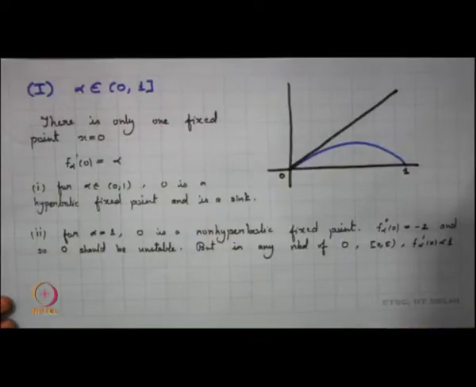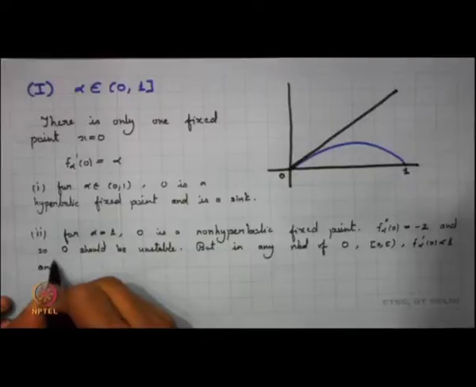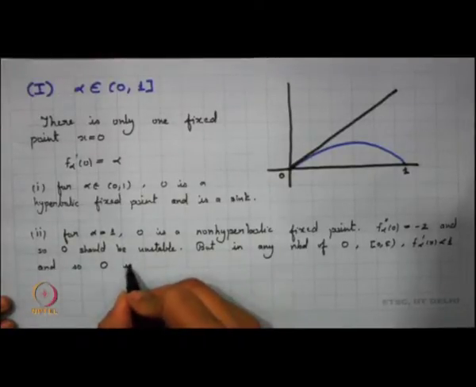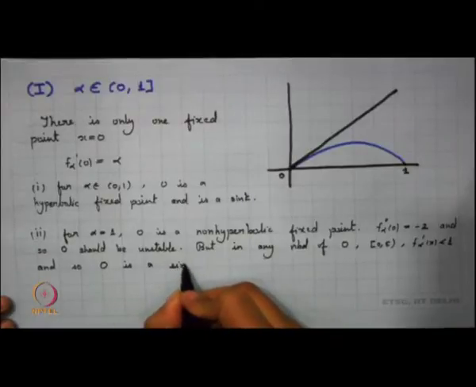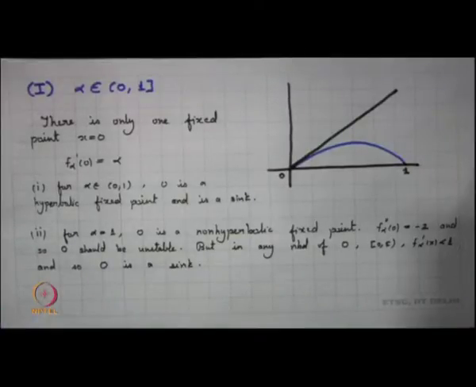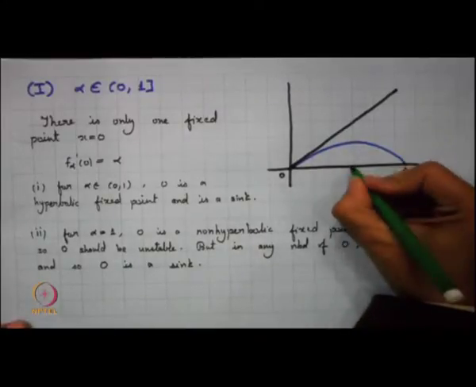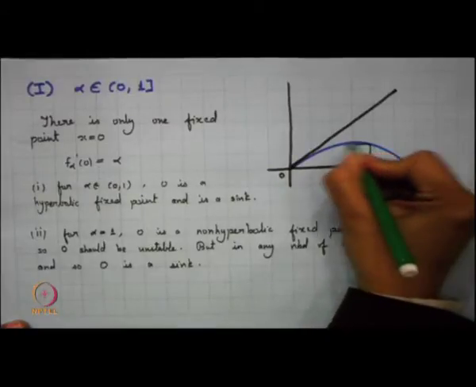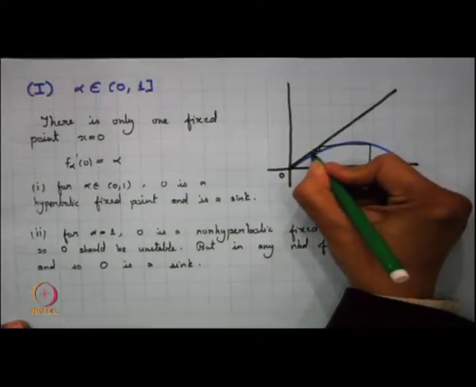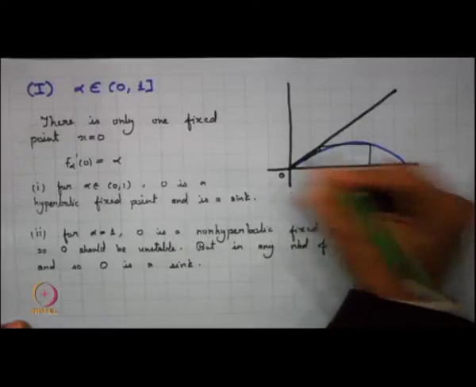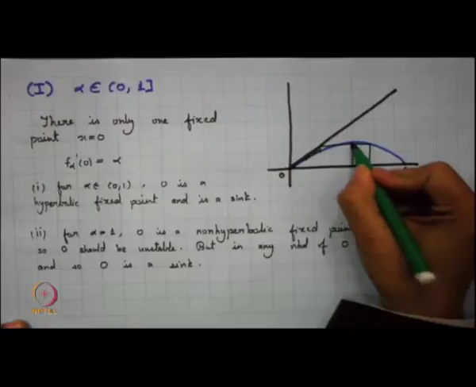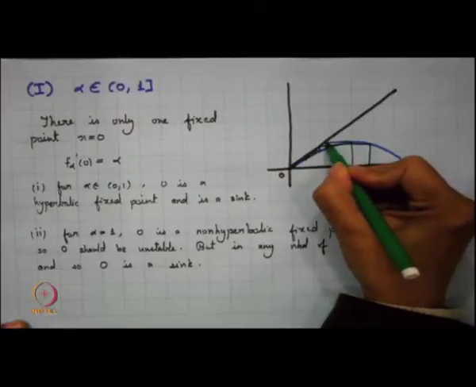And so this fixed point 0 is a sink here. You can start from anywhere over here, and ultimately the orbits are tending to 0.